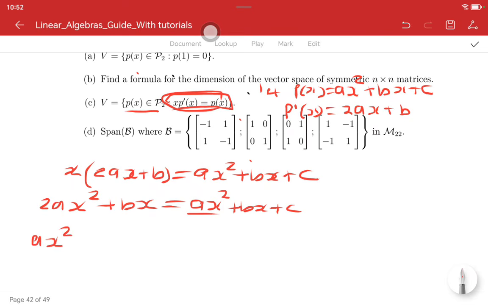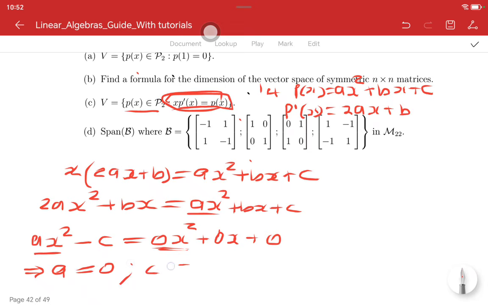When I take the Bx to the other side, it will cancel out. When I take the C to the other side, I'll have Ax squared equals minus C, which is equal to 0. You see, right? And if we check this side, it's like we're having Ax squared plus 0x plus 0. So I can equate A to this, meaning that A is equal to 0 and C is equal to 0.